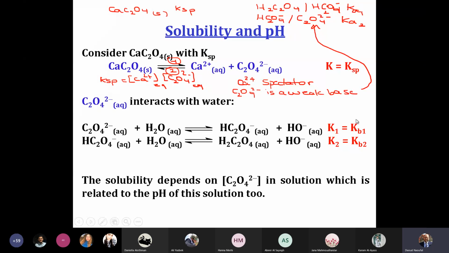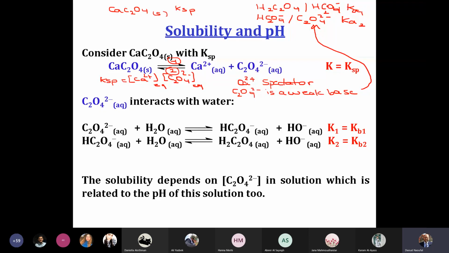Kb1 and Kb2 can be deduced from Ka1 and Ka2. So in this case, since one of the ions formed appears in a couple acid base, in other words, one of the ions formed interacts with water, the pH will affect the solubility of the weak electrolyte given.